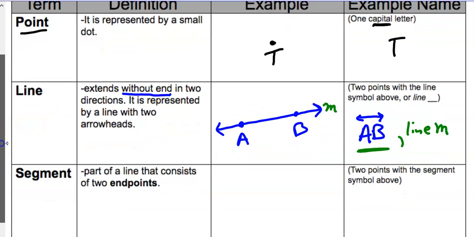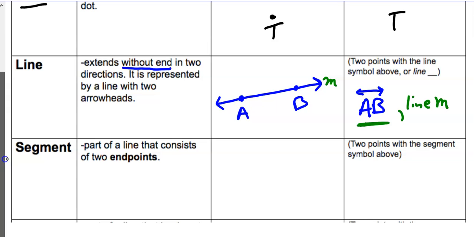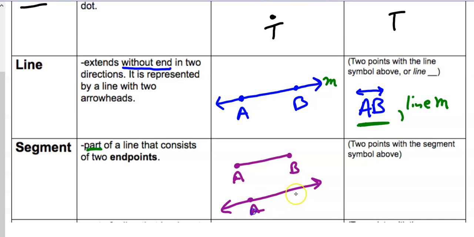Okay. So a segment is part of a line that has 2 endpoints. So again, that's super important, part of a line. So I could actually use my exact same diagram here and represent that. So I'm going to write it in 2 separate ways here. I'm going to write it as if it was a segment, or I should say draw it, or I'm going to write it or draw it this way as if it's a line.